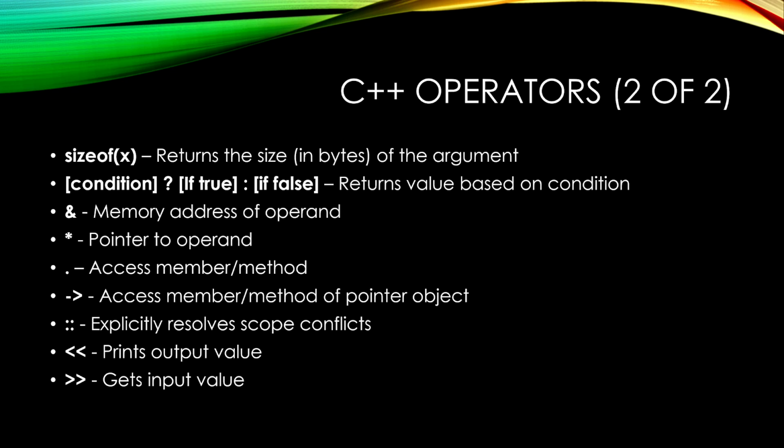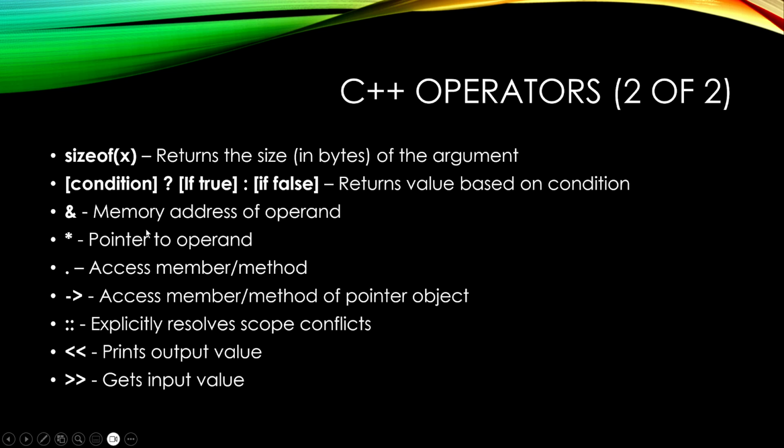Then you have this simplified condition statement: your condition, question mark, if true do this, colon, if false do that. An ampersand, I'm mentioning the ampersand and asterisk for pointers here, but don't worry about these for a while.